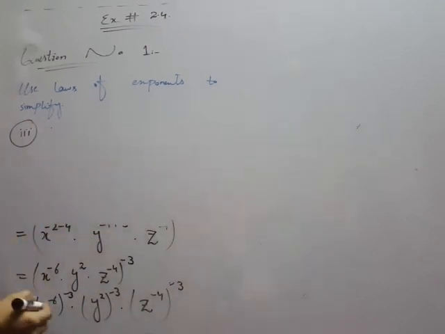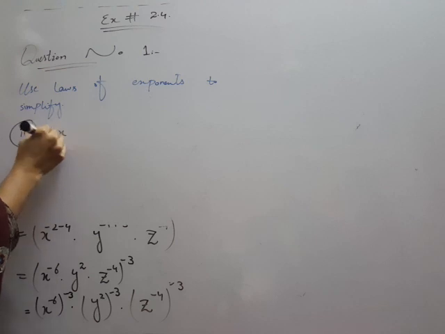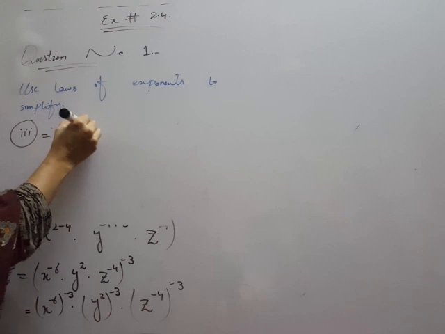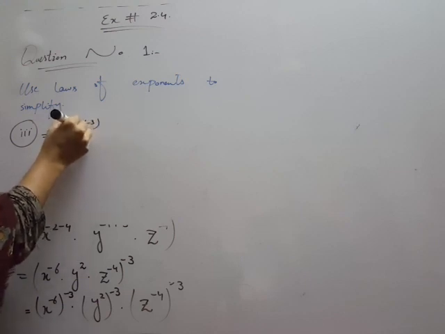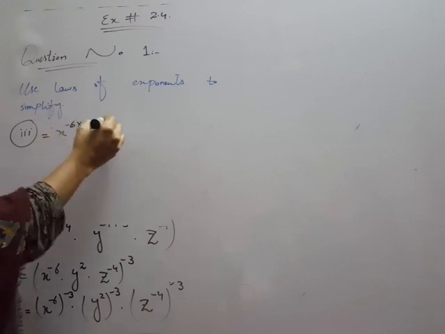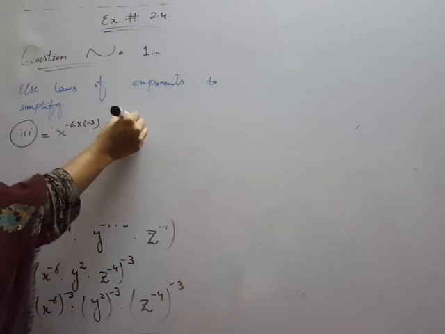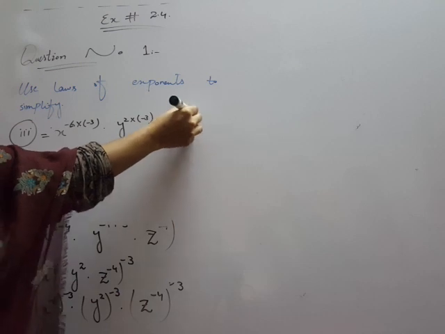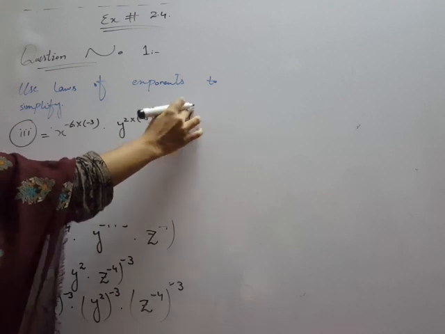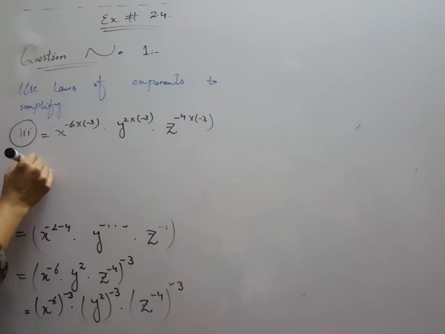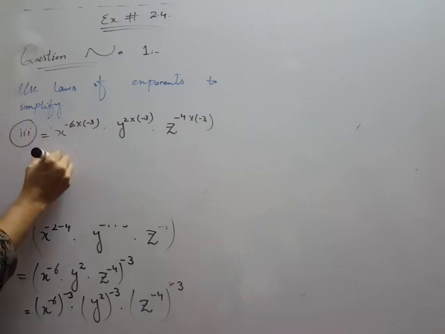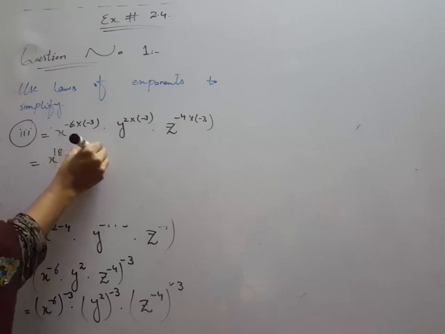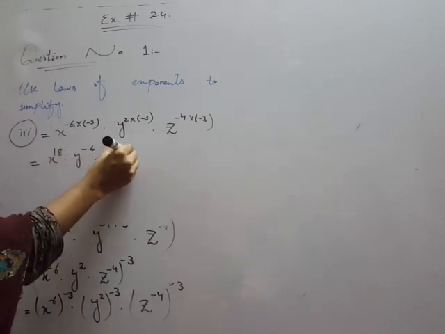Okay, so it becomes x raised to power minus 6 multiplied by minus 3, y raised to power 2 multiplied by minus 3 and z raised to power minus 4 multiplied by minus 3, and it becomes x raised to power 18, y raised to power minus 6 and z raised to power 12.